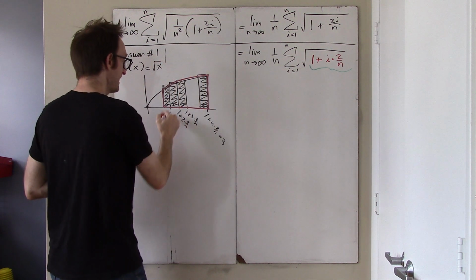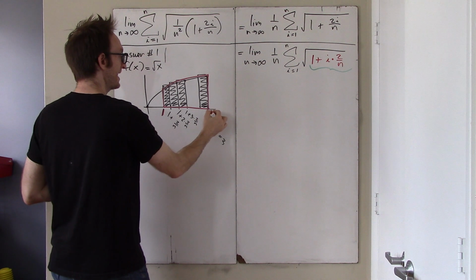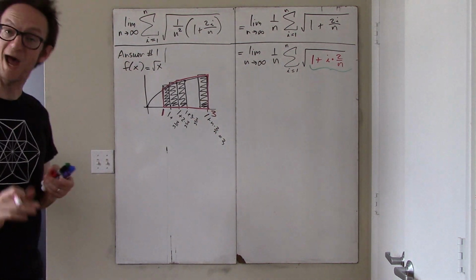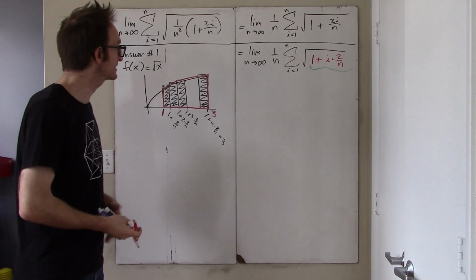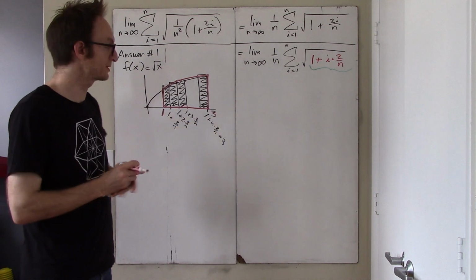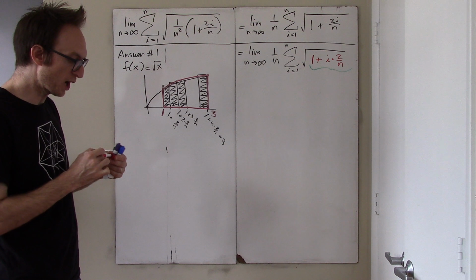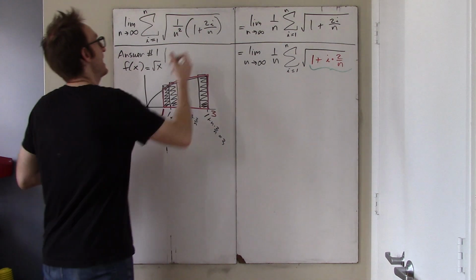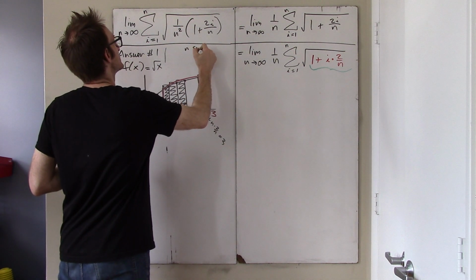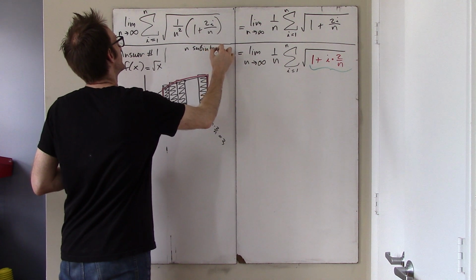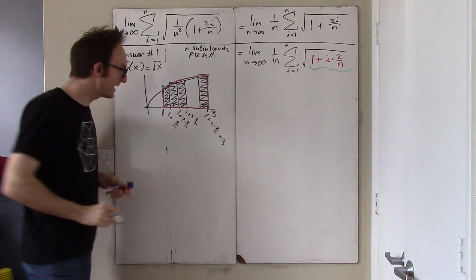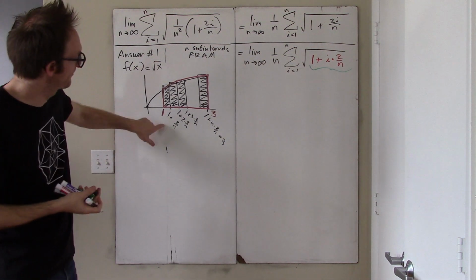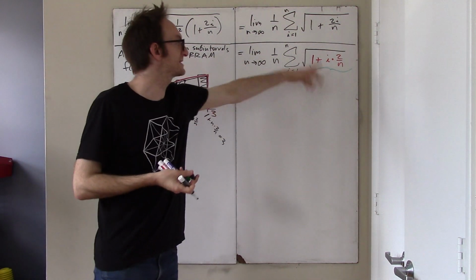That's 1, and that's 3. And how am I finding the area under the square root function from 1 to 3? I am splitting it up into n subintervals. I am using RRAM, and I'm plugging in the various sample points, and I'm getting the various outputs.